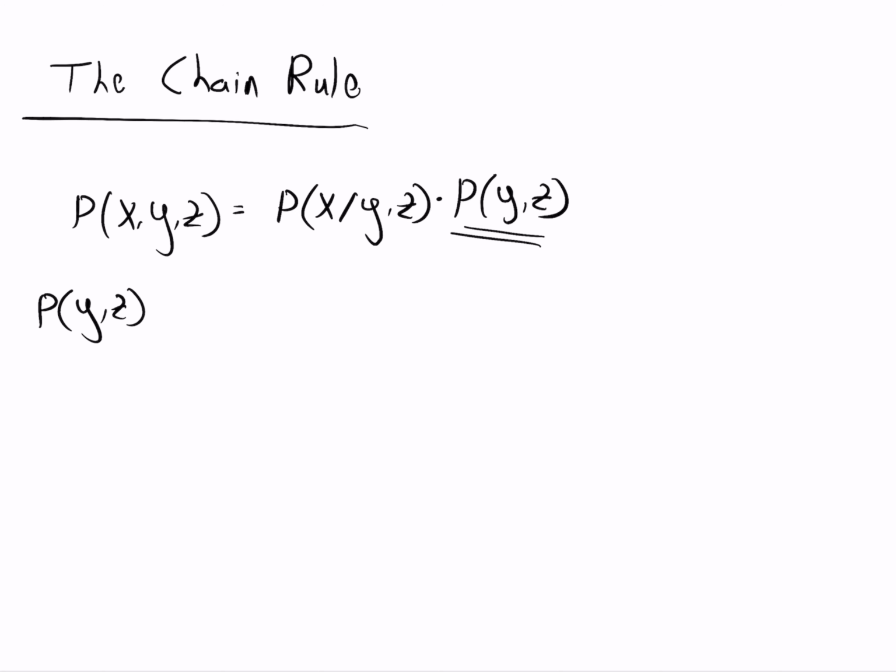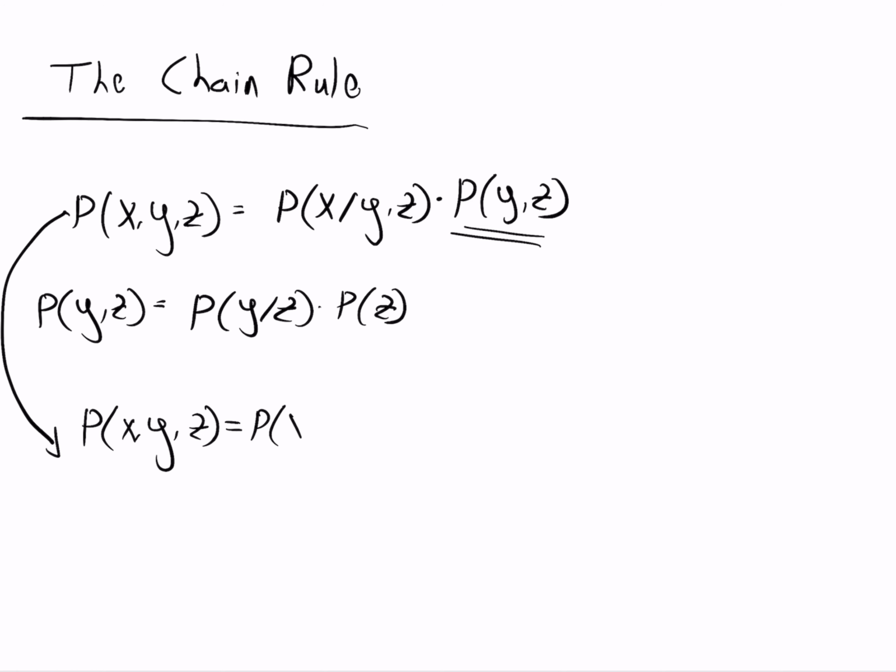So P of Y and Z equals P of Y given Z times P of Z. And the total joint probability P of X, Y, Z equals P of X given Y and Z times P of Y given Z times P of Z.